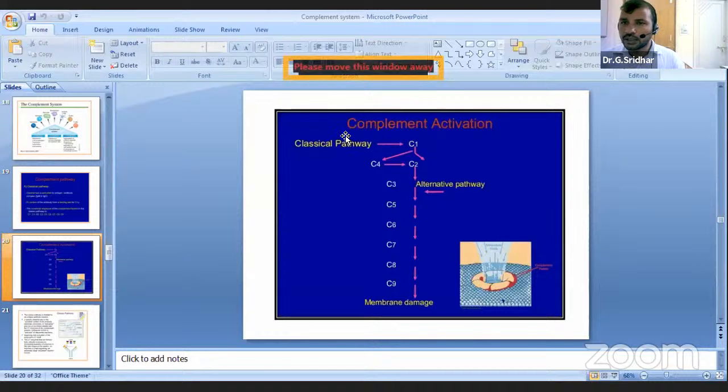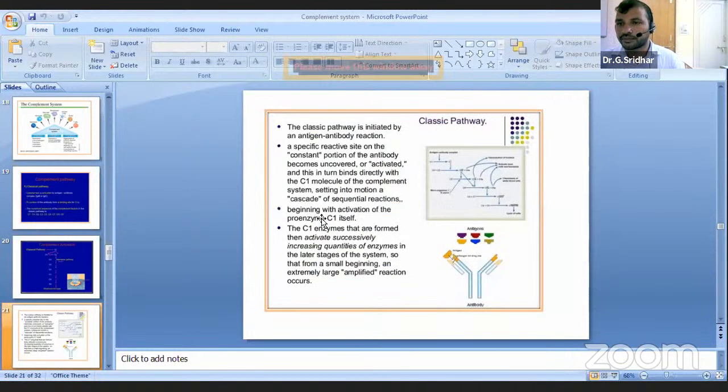Then you see that in complement activation of the classical pathway, the Fc region of the antigen antibody complex can activate C1. C1 can activate C4. C4 can activate C2. Then C2 can activate C3, C5, C6, C7. That's why we call this the classical pathway, which is dependent on the antibody.